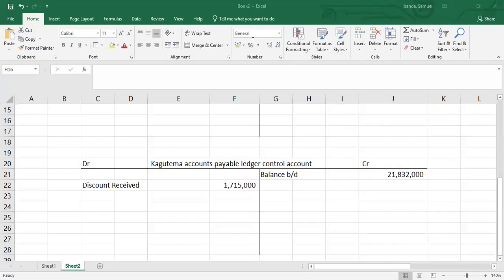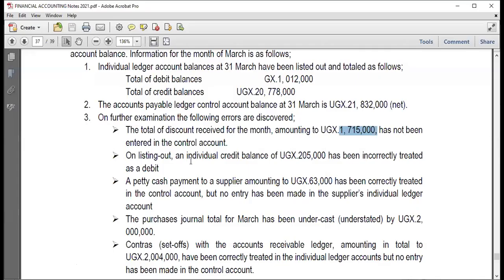Let's see our second step. They're saying on listing out, an individual credit balance of 205 had been incorrectly treated as a debit.